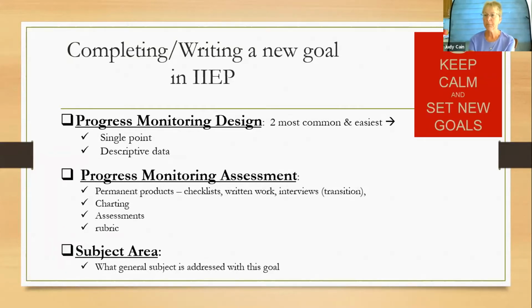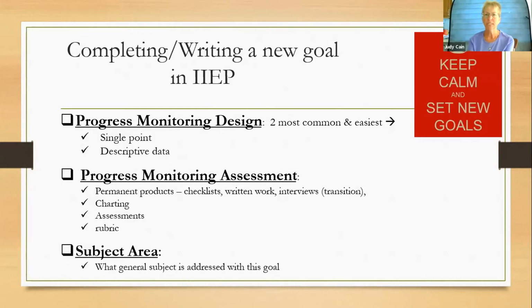And then the progress monitoring assessment, you can use permanent products like tests, checklists, any data pieces, interviews, whichever. You can use charts. You can use a rubric that you have developed or define within the IEP or others.